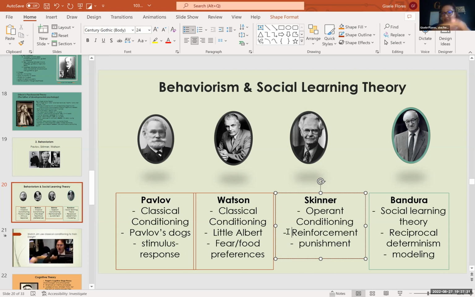So it's negative because you're taking it away, you're not giving them something, but it's still a reinforcement. So oftentimes people confuse negative reinforcement and punishment. Punishment is what we're probably most familiar with when it comes to spanking, or when it comes to grounding a child or timeout. Those are punishments.